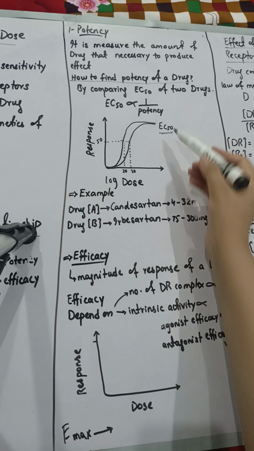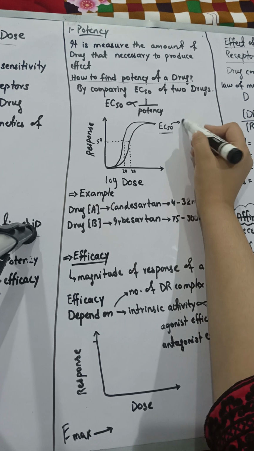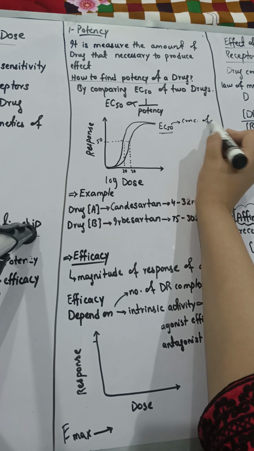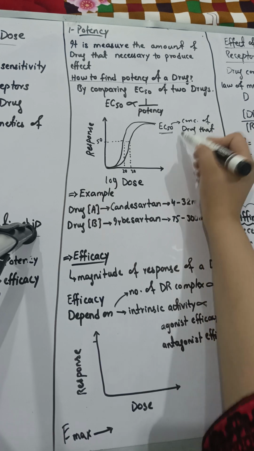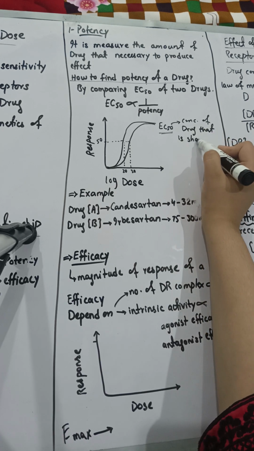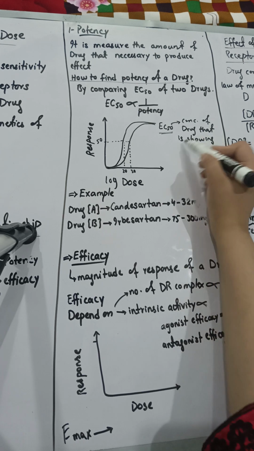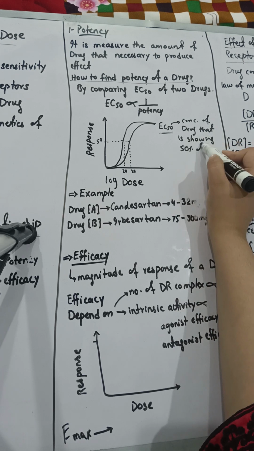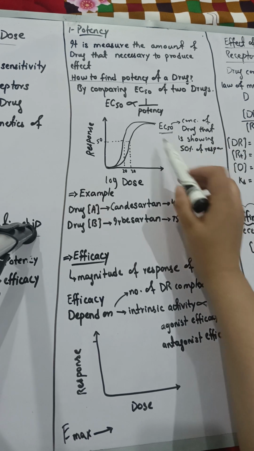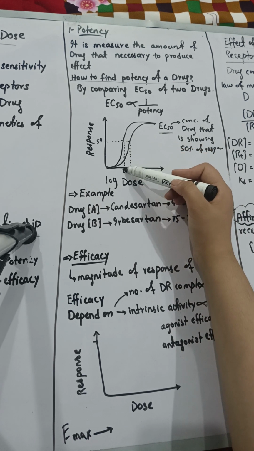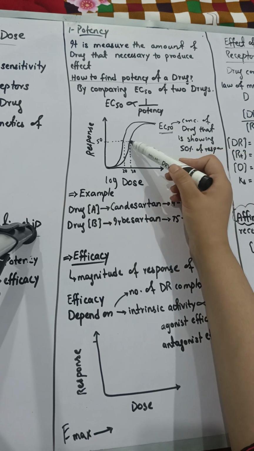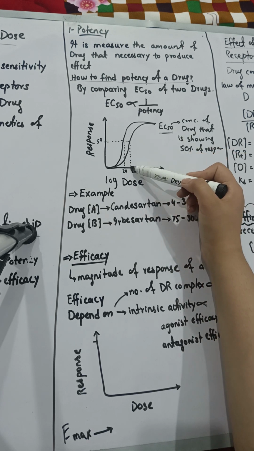So what is EC50? It is the concentration of drug that is showing 50% of response. As you can see here, for drug A, EC50 is at 20 mg, but for drug B, EC50 is at 30 mg.